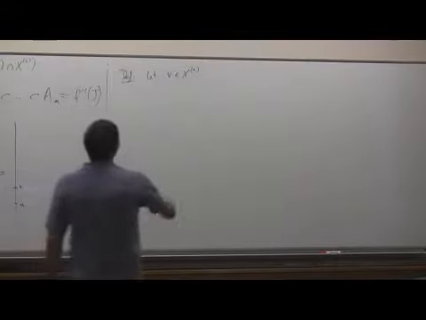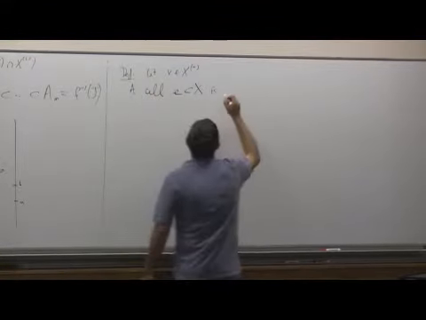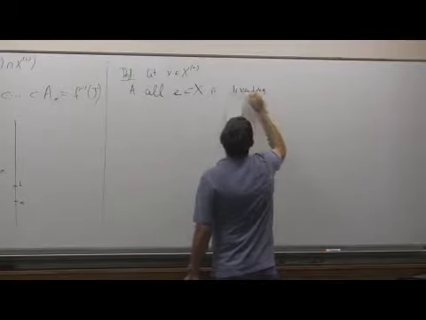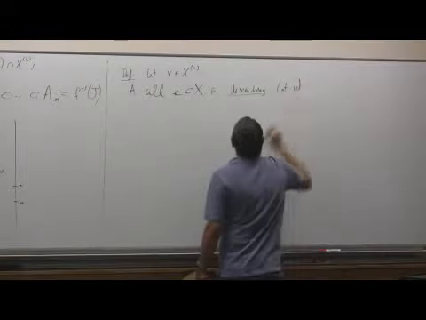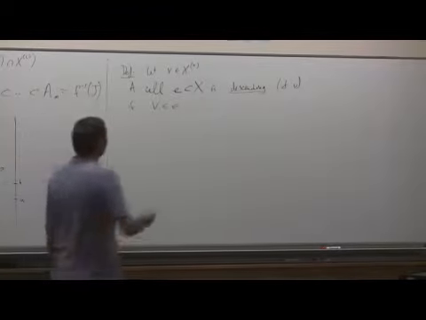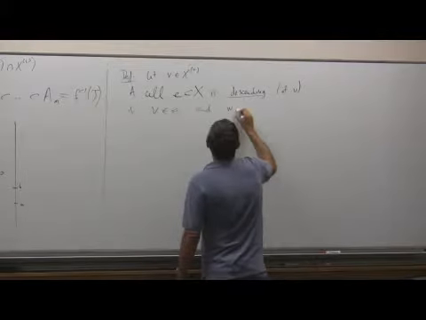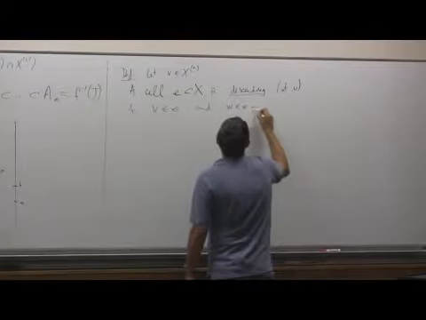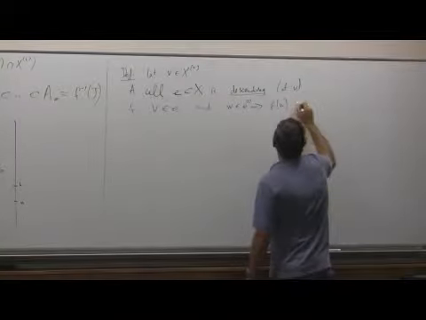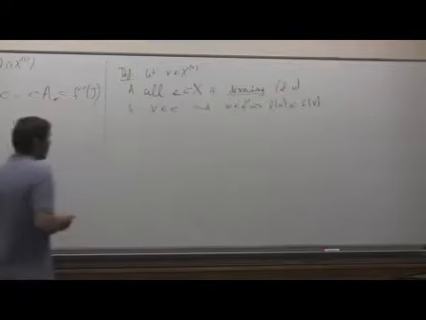So a cell E in X is descending, all with respect to B, if B is a vertex in E, and W a vertex in E implies that f of W is less than B. So B is the highest vertex.